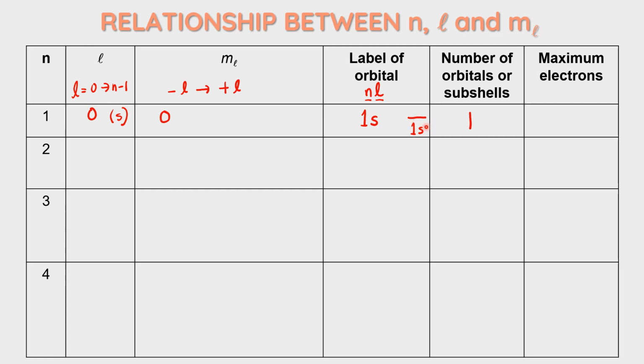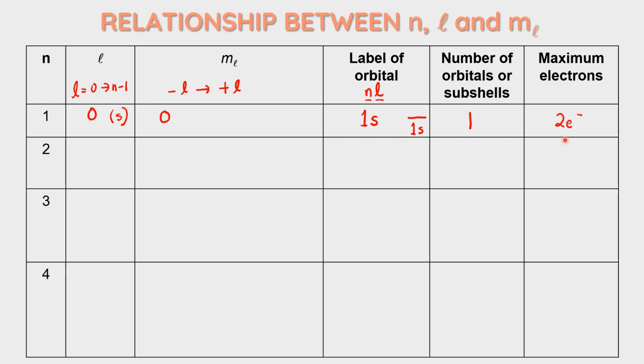And this is our orbital. So in this one orbital, we will have satu tempat sahaja. Okay, satu orbital. And if you relate dengan the concept of ms, iaitu magnetic spin quantum number, in one orbital, it can maximize diisi sebanyak 2 elektron. So the answer will be 2 electrons.